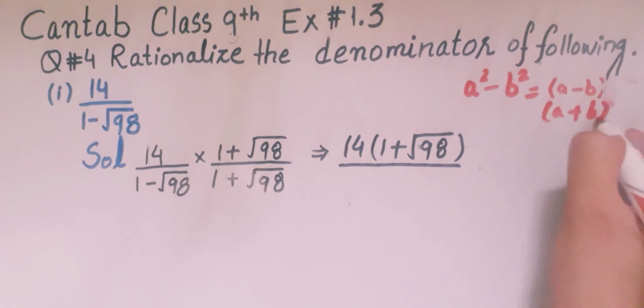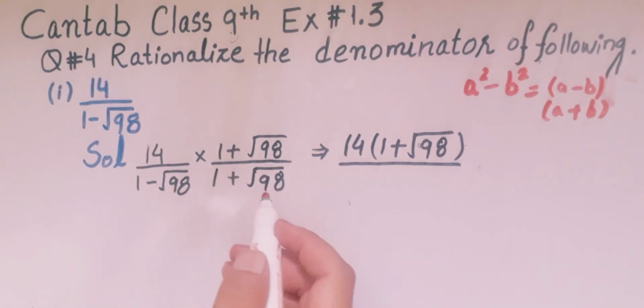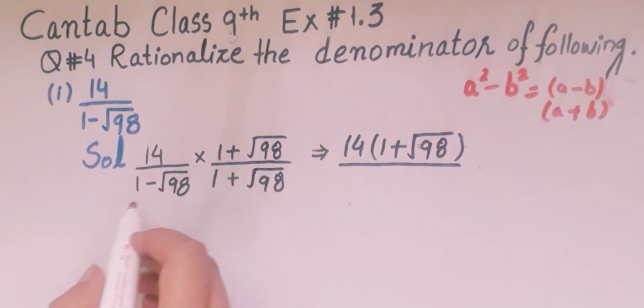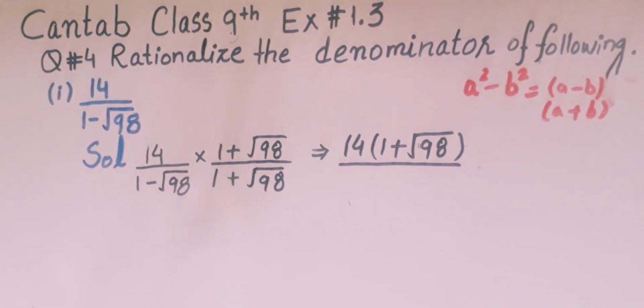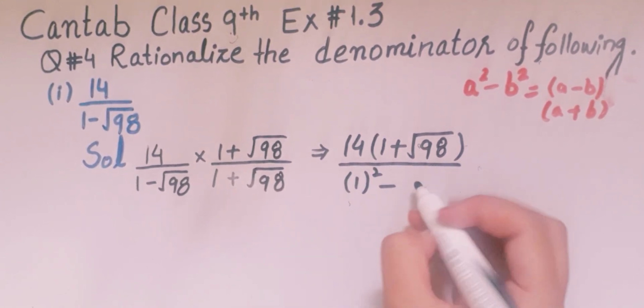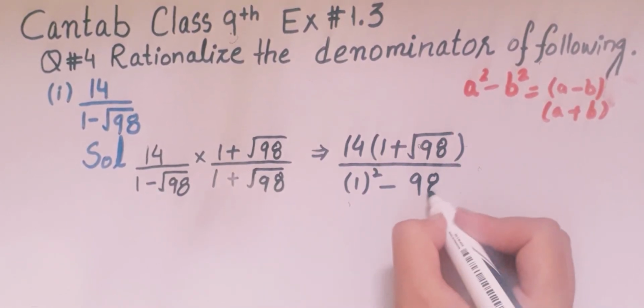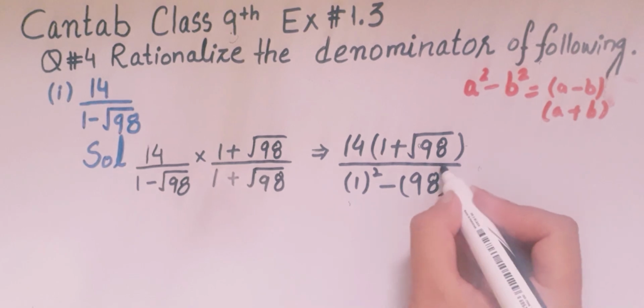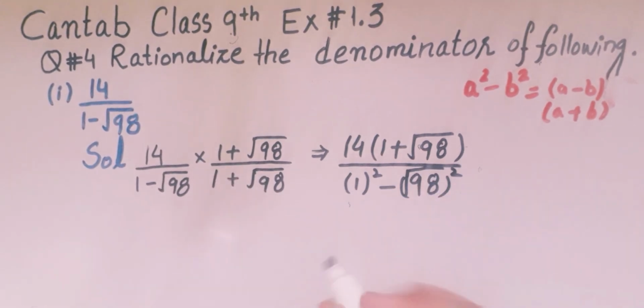So we use this formula here, which is a minus b and a plus b. So we will write this as 1 square minus square root of 98 square.